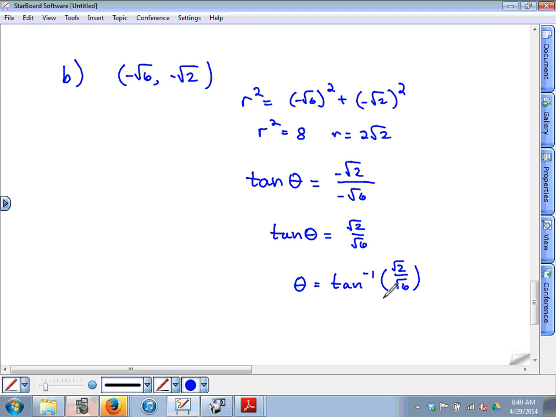Okay? So here, theta does really equal 30 degrees, but that's not the theta we want. The theta we want is in the third quadrant. That means this is just a reference angle. 30 degrees is a reference angle for 210 degrees in the third quadrant. So the theta angle that we really need is 210 degrees.